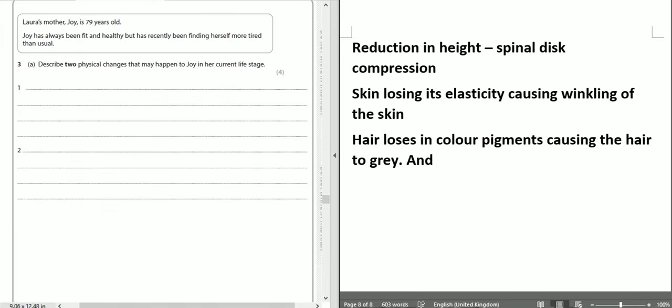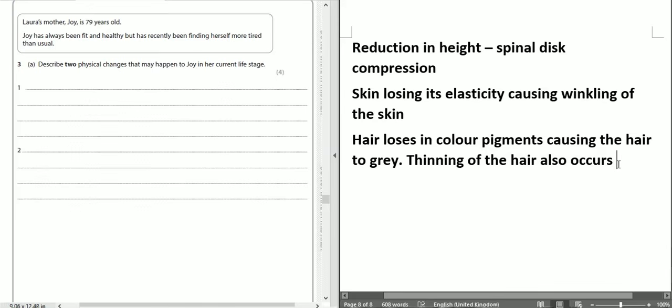And also we can maybe put thinning of the hair also occurs.